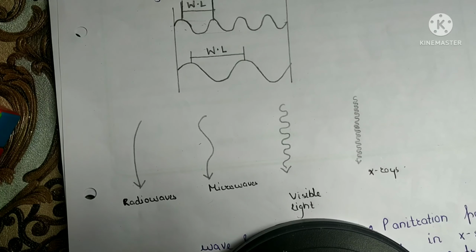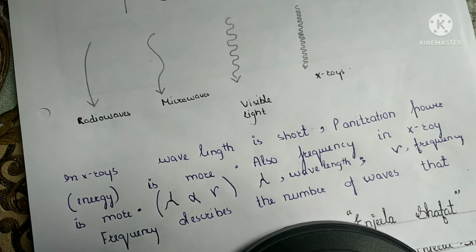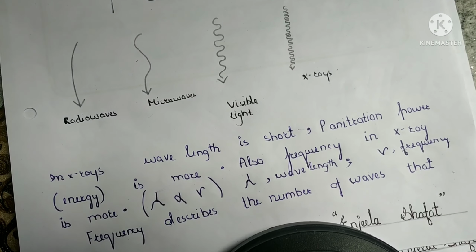So in X-rays, wavelength is short and penetration power is more. Penetration power means energy, how much it can get absorbed through the object. And also the frequency in X-ray is more. You should know very well that whenever there comes wavelength, there comes frequency.